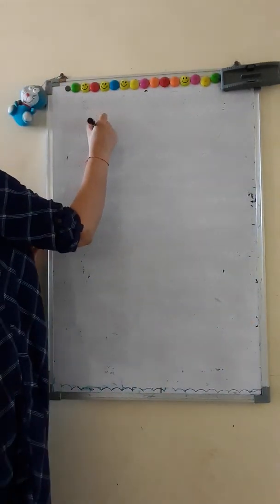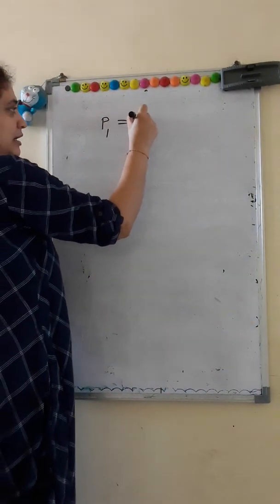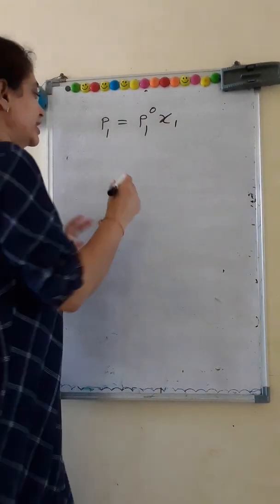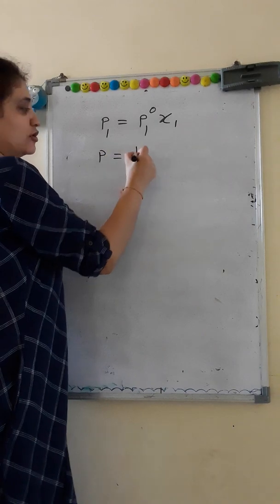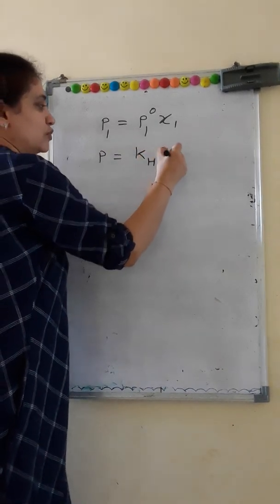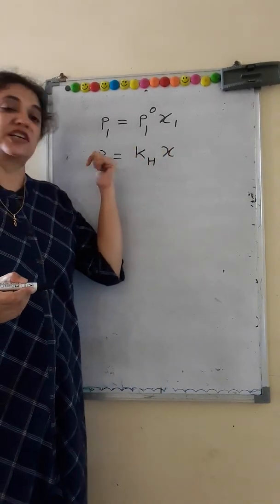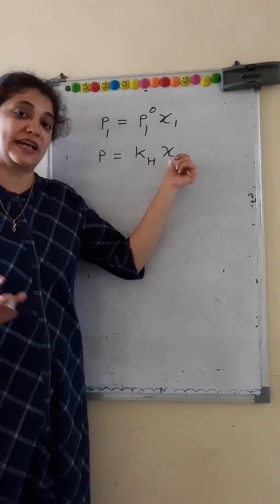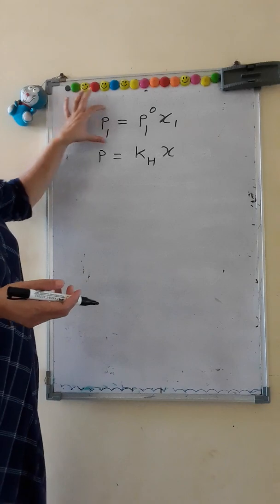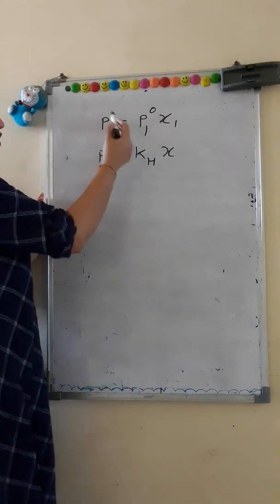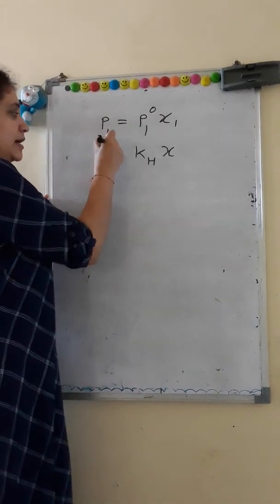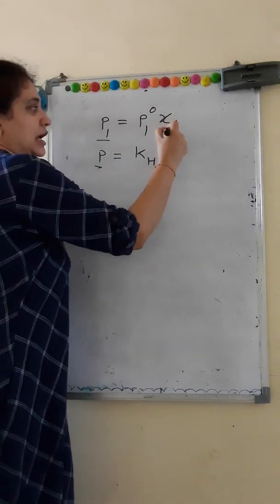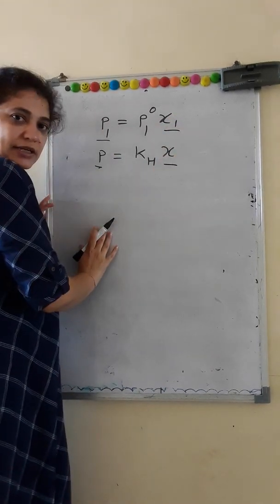Now if you equate Raoult's law statement with Henry's law. Henry's law is P is equal to Kh into chi, where P is partial pressure of a gas, Kh is Henry's law constant and chi is the mole fraction of gas in solution. And this is Raoult's law. And when we equate both the terms, partial pressure can be equated, chi can be equated.